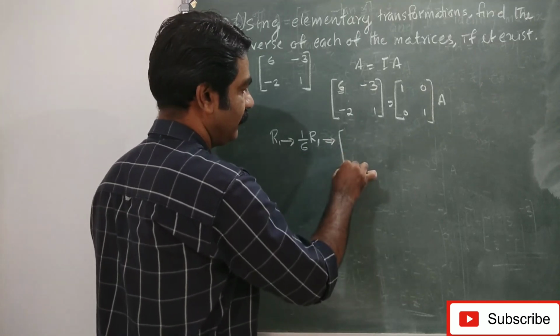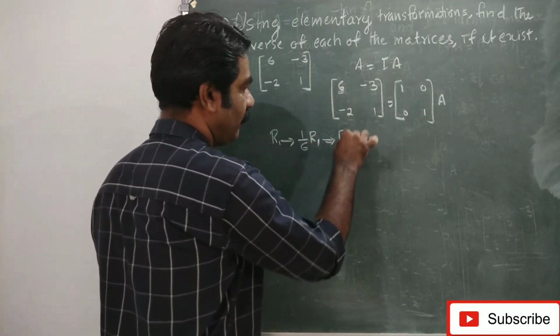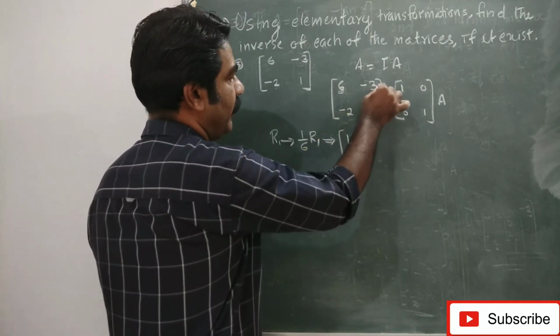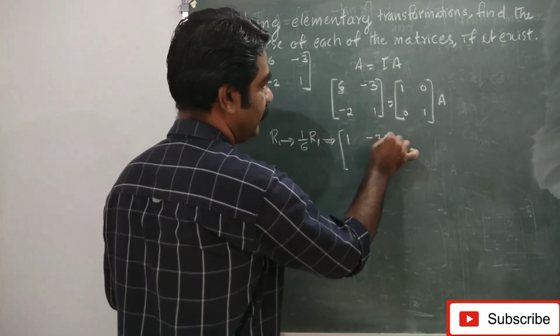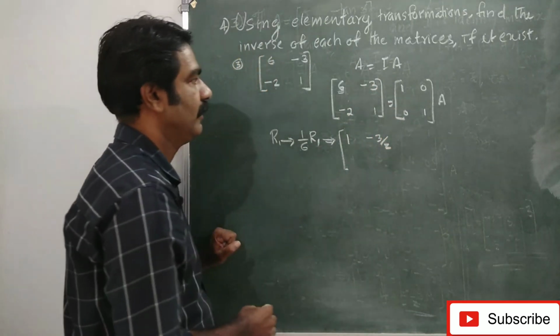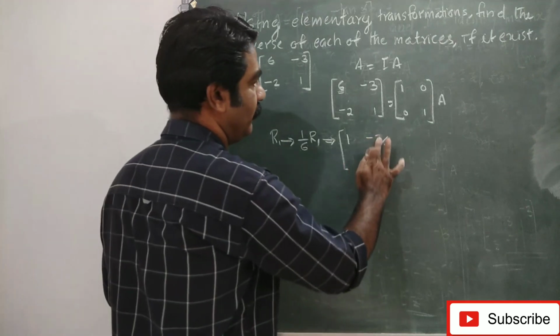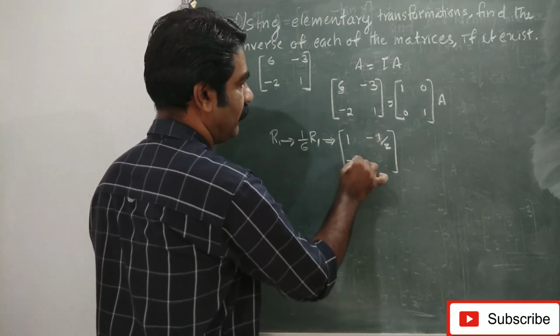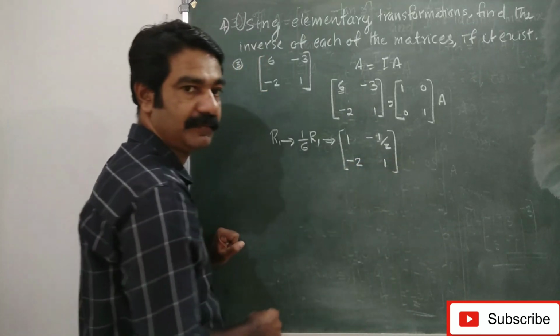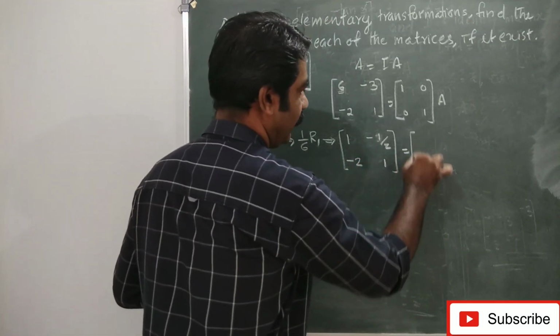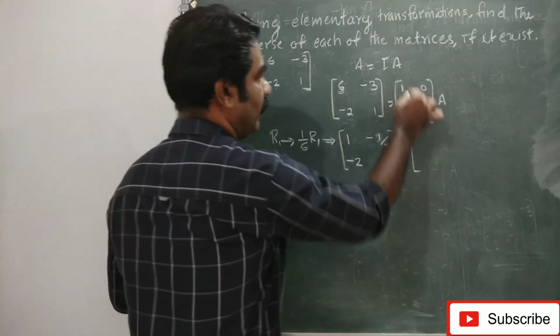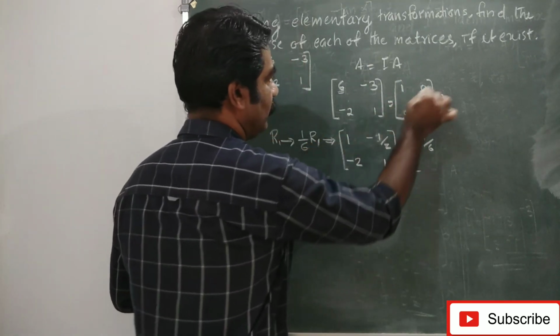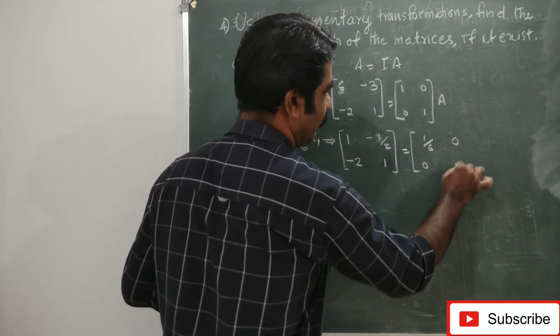That implies 1 by 6 into 6 becomes 1. 1 by 6 into minus 3 is minus 3 by 6, that is minus 1 by 2. The second row is minus 2 and 1, no change. That is equal to, here 1 by 6 into 1 becomes 1 by 6, into 0 becomes 0, 0 and 1.